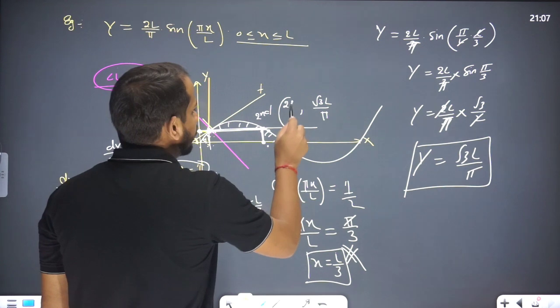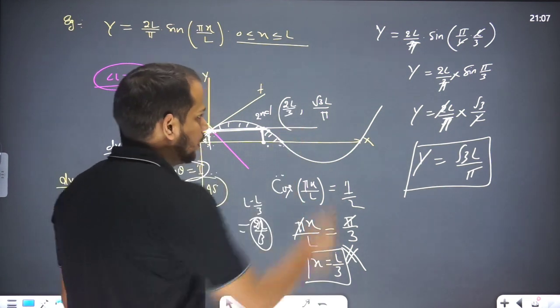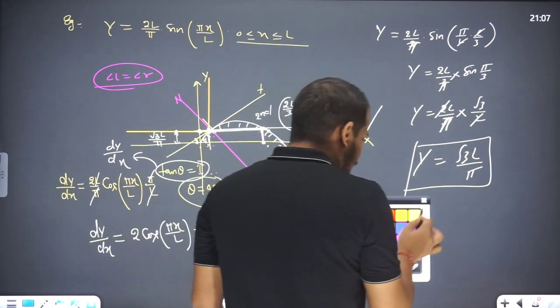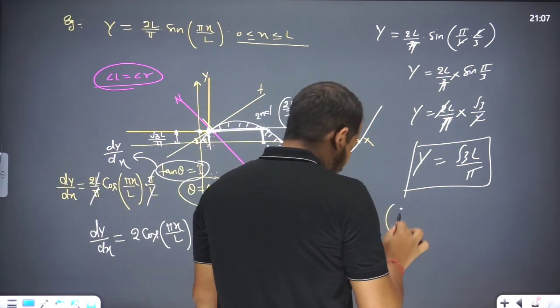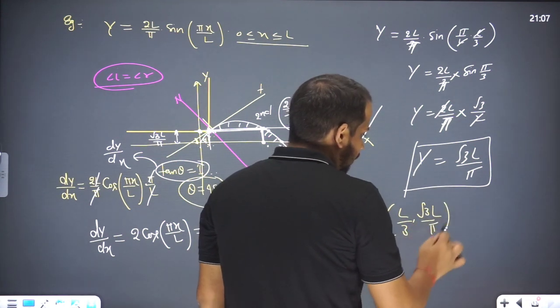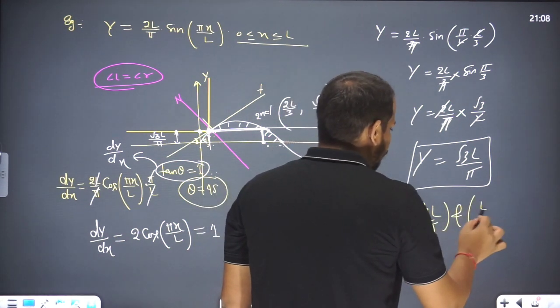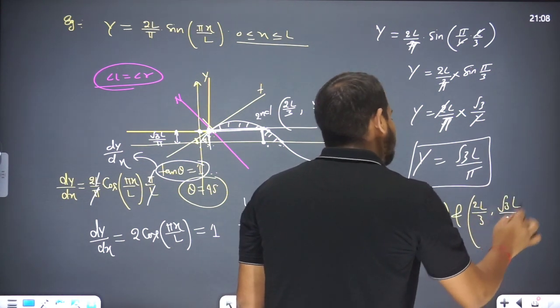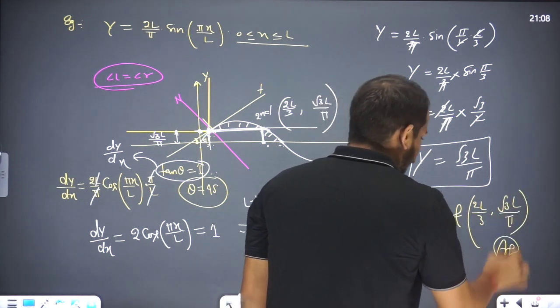So the x coordinate is 2L by 3, right? This is the other coordinate. So in the options, they can give the first coordinate as L by 3 comma root 3L by pi, and the second coordinate as 2L by 3 comma root 3L by pi. This is the answer for us, right?